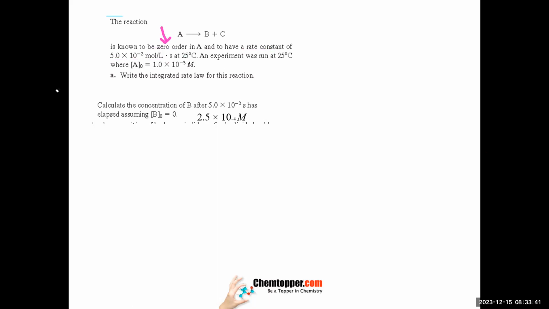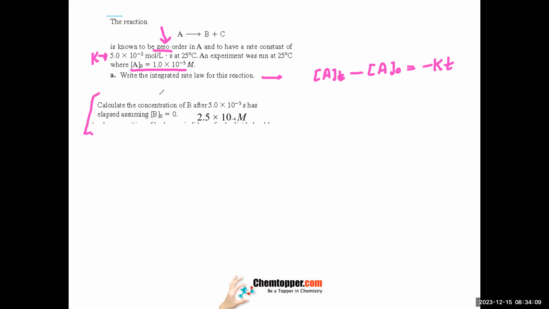They've already said in the question, zero. K is given. A naught is given. Integrated rate law is AT minus A naught is minus KT, or you can write it in the other format also. That's the integrated rate law.